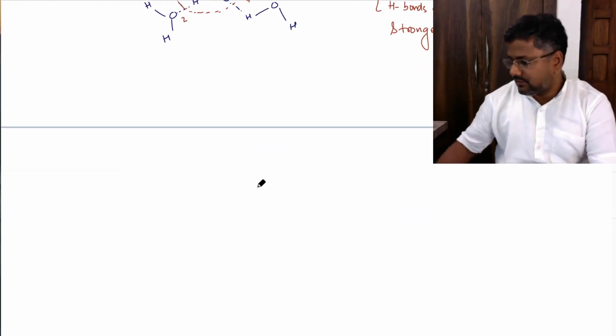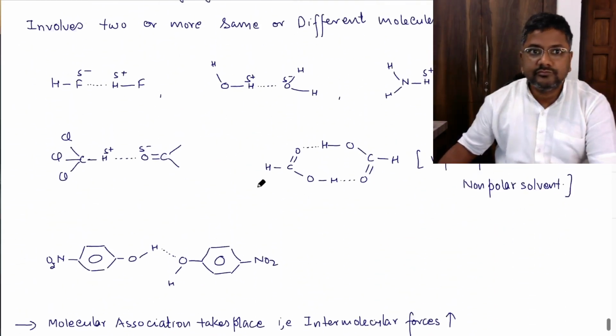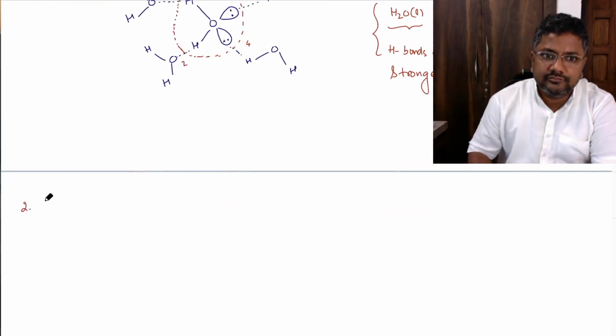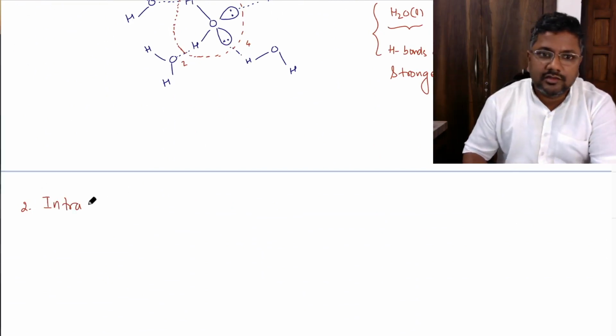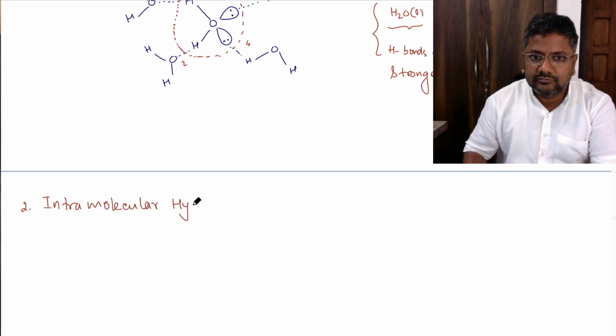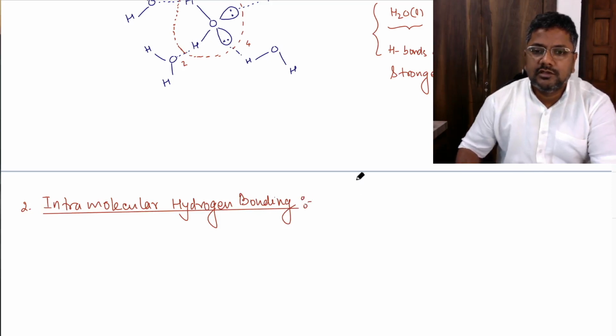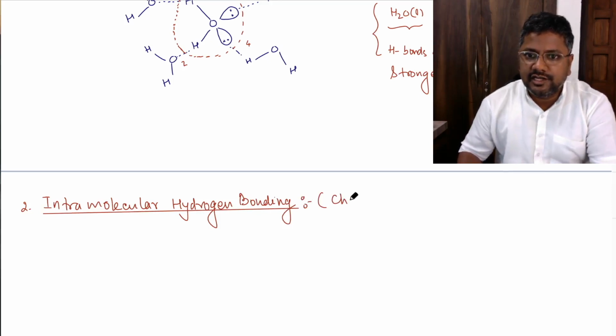the second one is intramolecular hydrogen bonding. This is also called chelation, right?